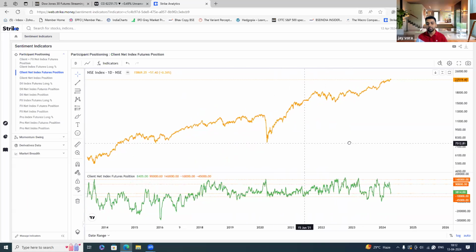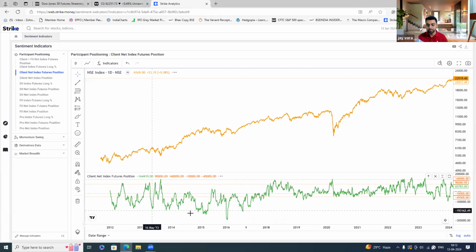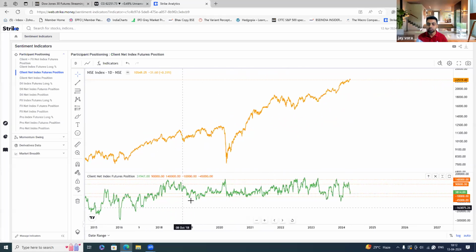You can see that prior to 2014-15 or so, this data used to go haywire. The range was very big, but after the P-note ban or so, some changes have taken place, and now you can see that there is this established range.